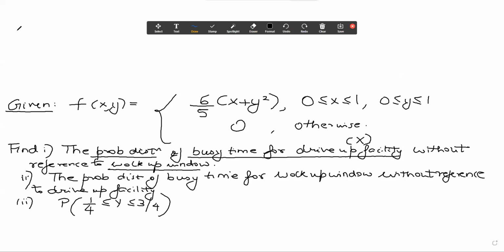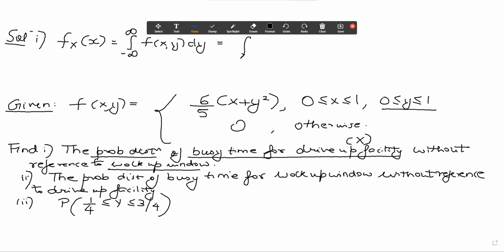That means the first part asks you the marginal probability density function of X. So the marginal probability density function for X will be the integral from minus infinity to plus infinity of f(x, y) dy, which in our question is, y is going from 0 to 1, and f(x, y) is 6/5 times (x plus y squared) dy.